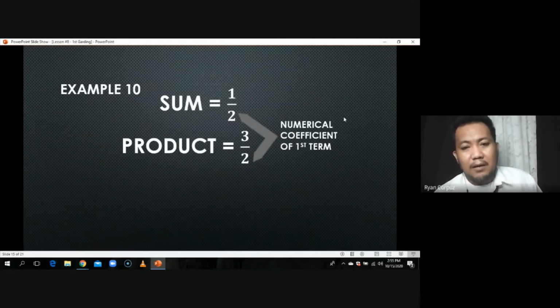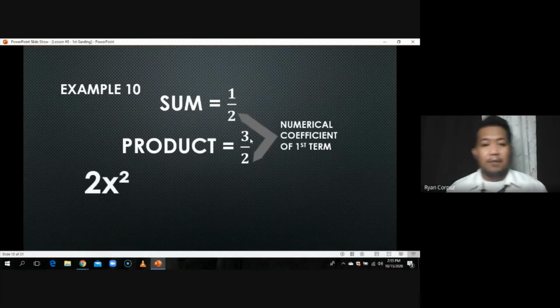And again, the numerators will form the middle term's numerical coefficient and the constant term. Yung 1 na yon, opposite nun will be the middle term's numerical coefficient, while the 3 here, that same sign will be the constant term. So the first term will be 2x squared, because that 2 will be the numerical coefficient of the first term.